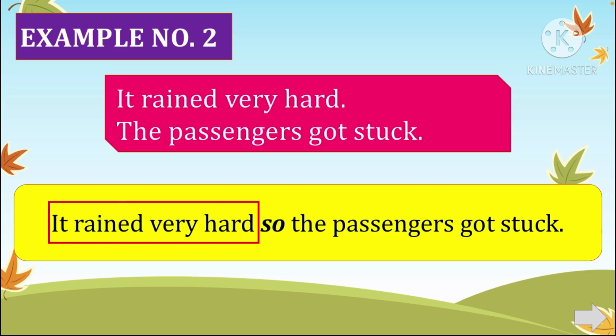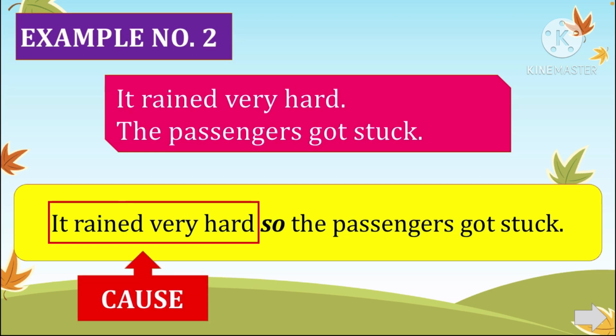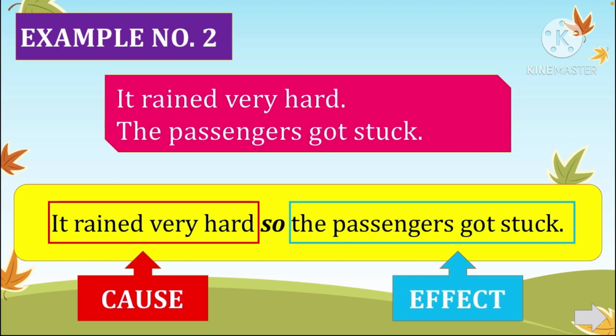It rained very hard is the cause, while the next independent clause, the passengers got stuck, signifies the effect, and our coordinating conjunction is the word so.